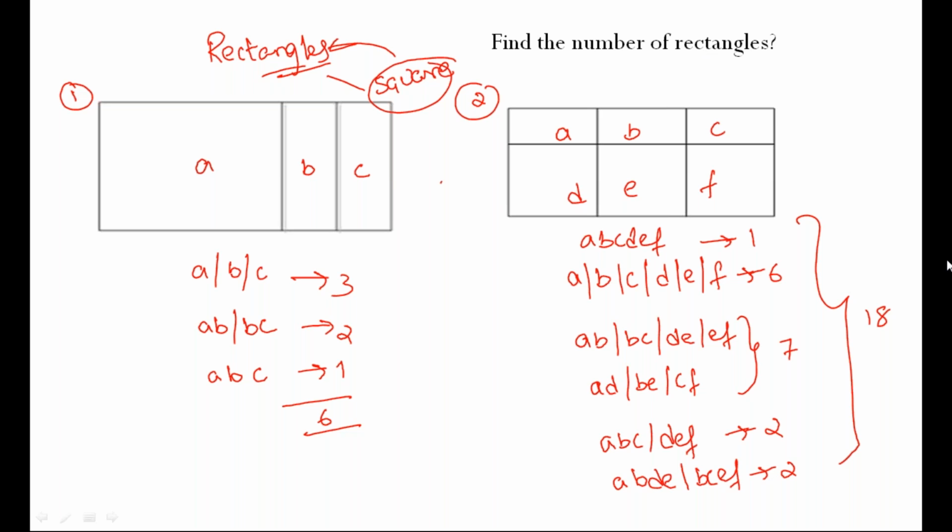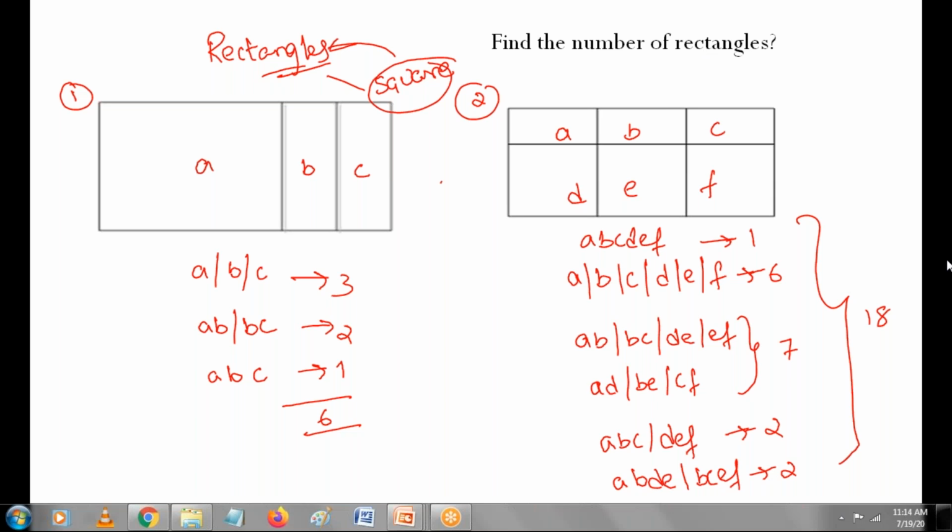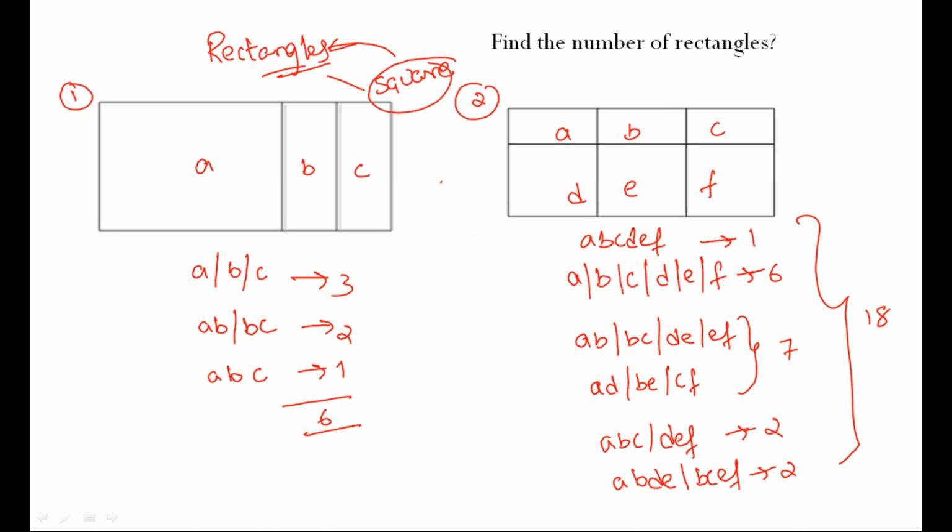Okay, that's what I'm mentioning. Please see that. Squares are added by default into rectangles. If the question mentions find the number of rectangles without squares, then you should remove DEF. Otherwise, you should follow this.